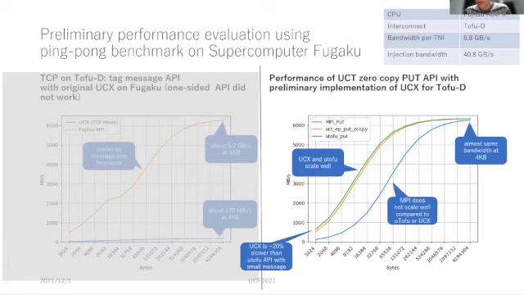And for the maximum bandwidth at the largest message size, the performance of these three is almost the same, about 6.3 gigabytes per second, but UCX or UTOFU is slightly better than MPI. So this is a preliminary evaluation with our preliminary implementation, but it shows that we have the potential to achieve good performance on Tofu D using UCX.